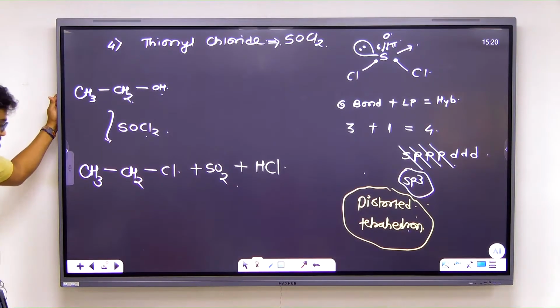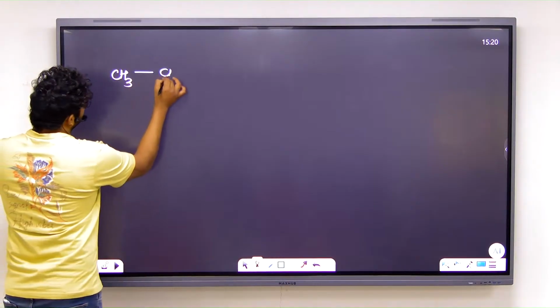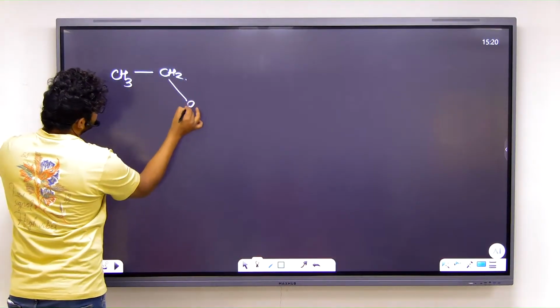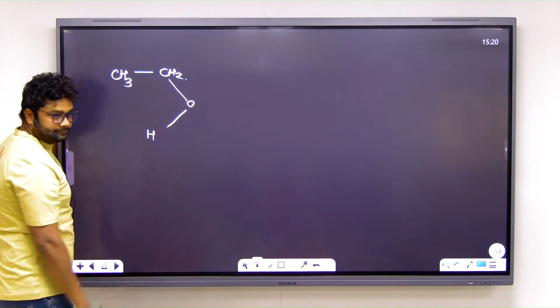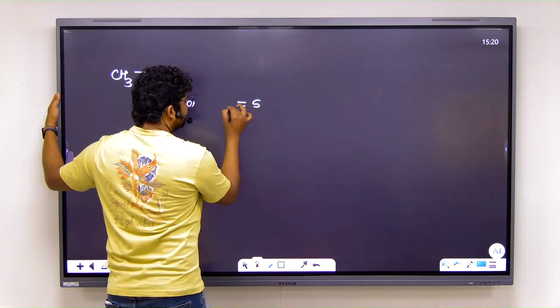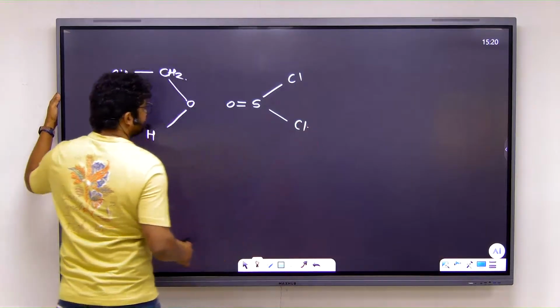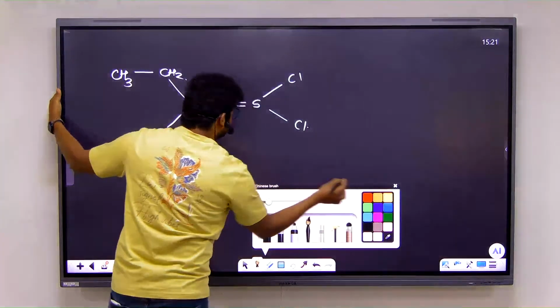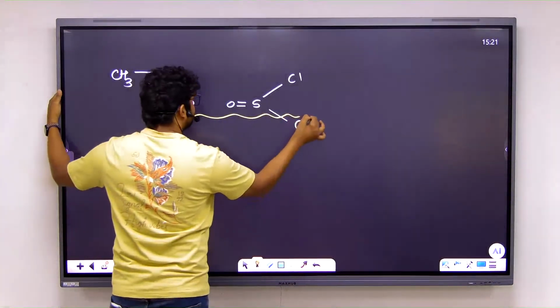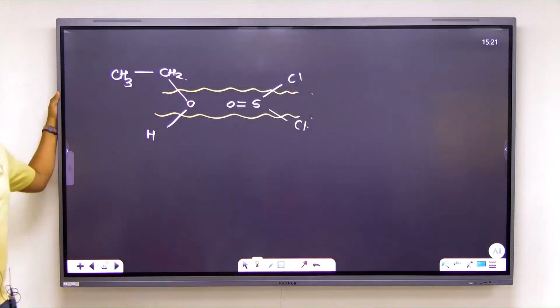ठीक आहे. आणखी बेटर समजवू शकतो आहे. You can write the alcohol like this. You can write the SOCl2 like this. Can we? Then cut this bond like, done.